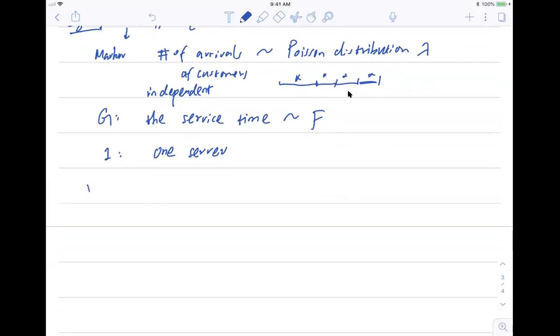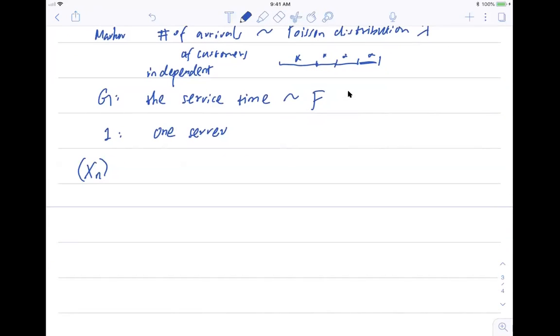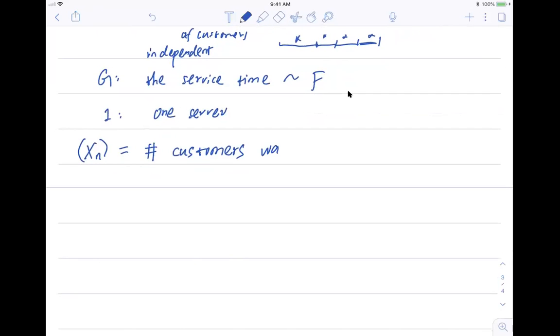So in this example, we write Xn as a Markov chain. Xn is just the number of customers. It's a very weird definition, but it really makes sense. You need to spend some time to get used to that.